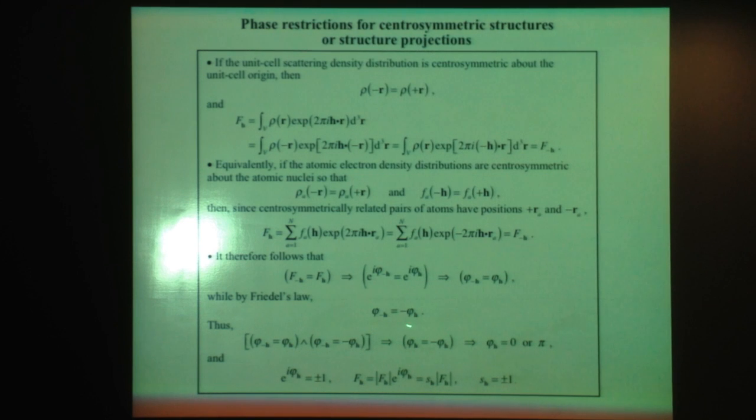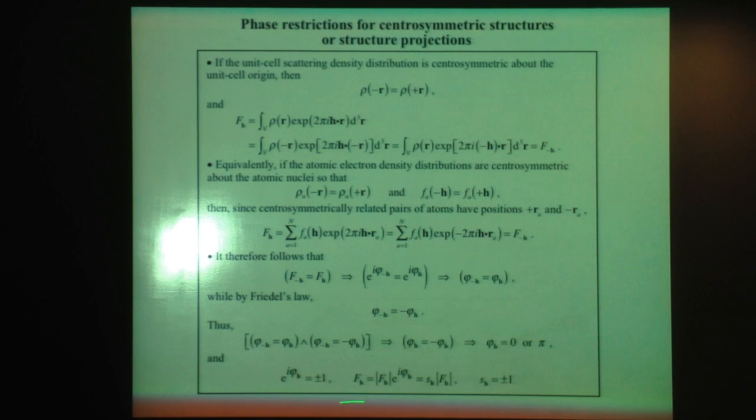Okay. So if we consider these two conditions, that can be true only if the values of phi are 0 or pi. So there's a restriction on the phases. For centrosymmetric crystal structures, we only have two possibilities for the structure factor phases, 0 or pi.